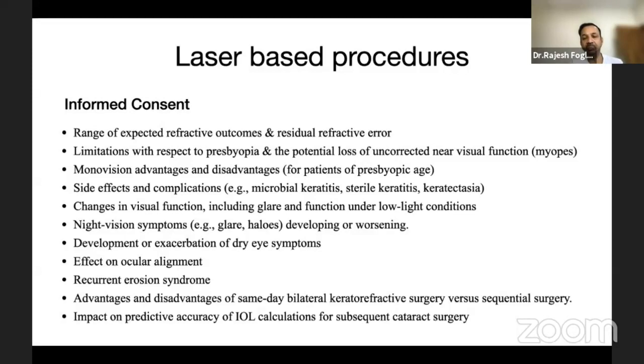And if you're doing a procedure on the surface and patient has pre-existing epithelial abnormalities like an epithelial basement membrane dystrophy, there can be recurrent corneal erosion syndrome, which can occur. The option of doing simultaneous bilateral surgery versus sequential surgery also should be discussed, and the future impact on the predictive accuracy of IOL calculation during cataract surgery should also be informed to the patient.